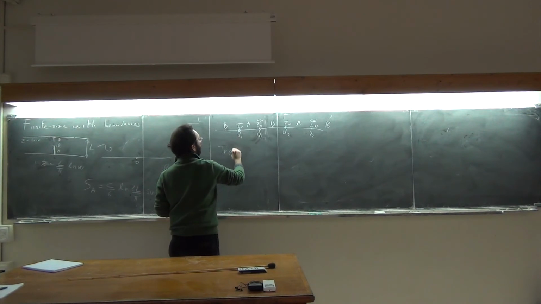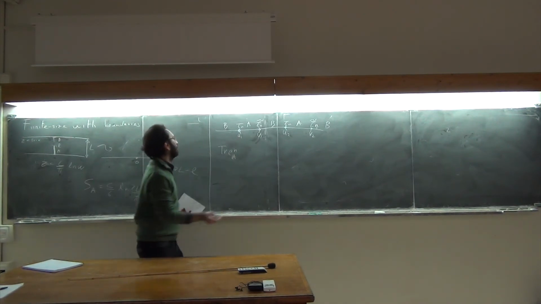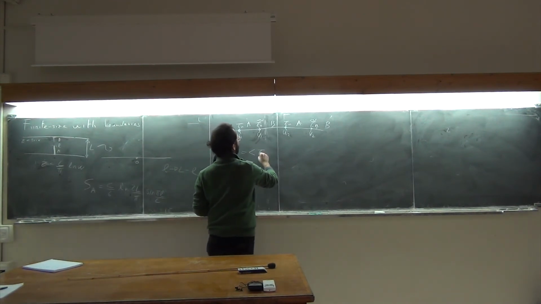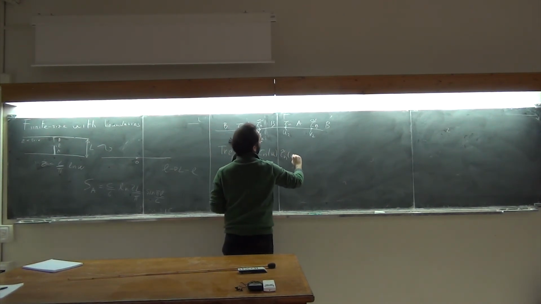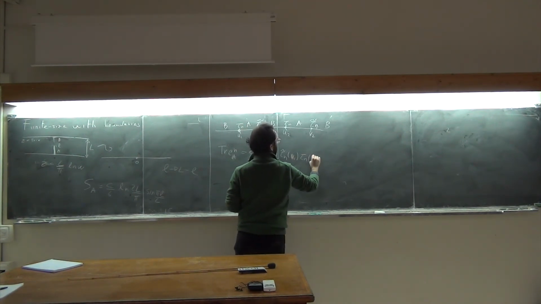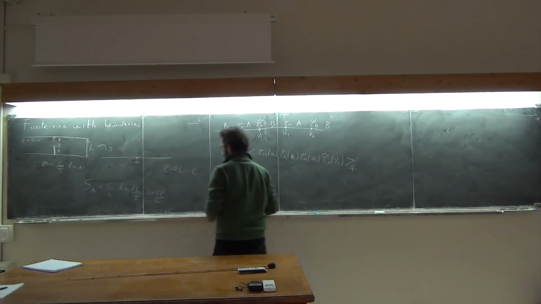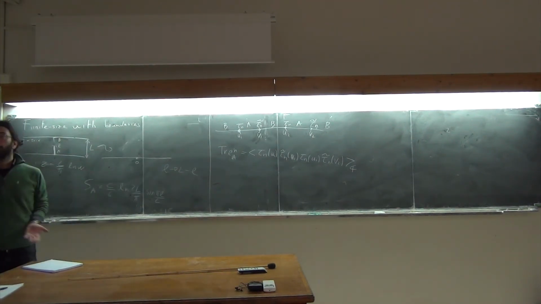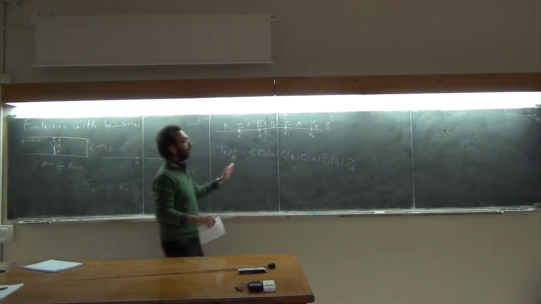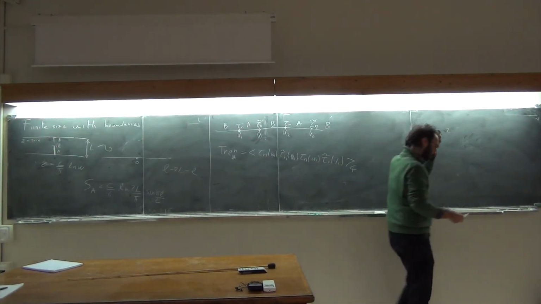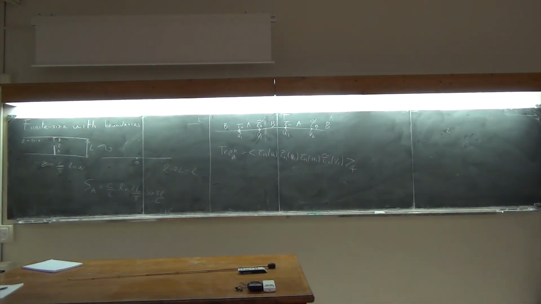The same construction as before for the trace of rho A to the n is valid. This is equal to tau n at u1, tau tilde n at v1, tau n at u2, tau tilde n at v2 on the complex plane. But now I should calculate a 4-point function, and calculating a 4-point function is an extremely difficult thing in conformal theory.